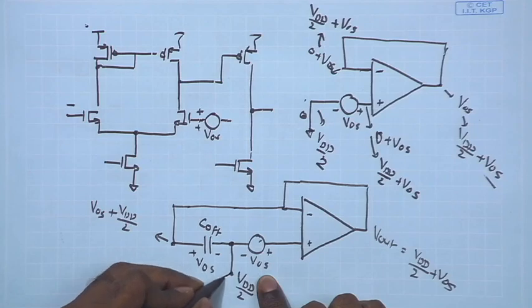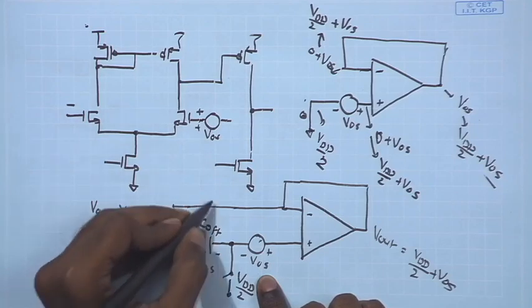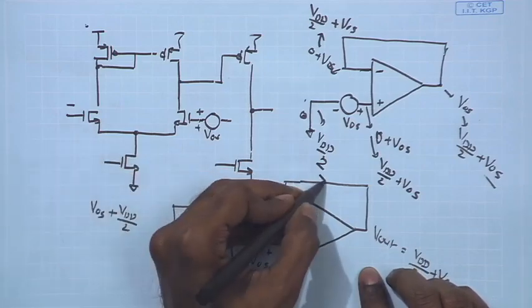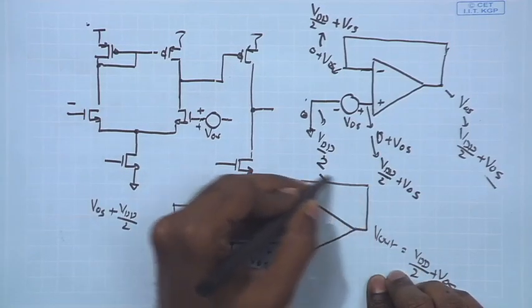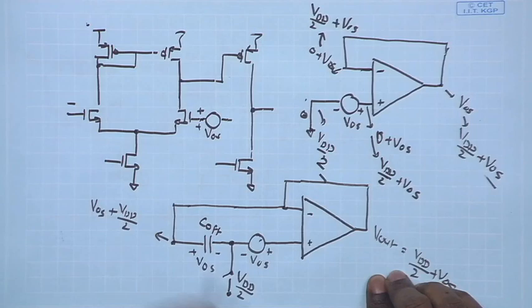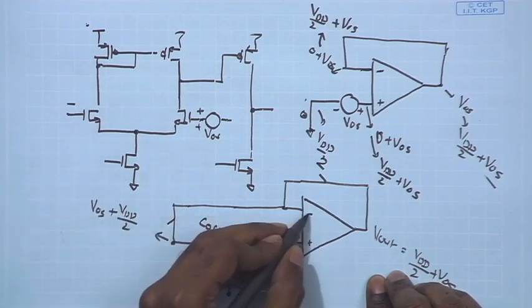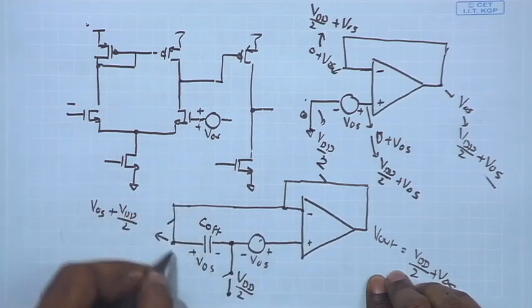suppose through some switch I had connected this point to VDD by 2. Also, through some switch I had connected the output of the amplifier to the inverting terminal, and through another switch I had connected the inverting terminal of the amplifier to this capacitor.